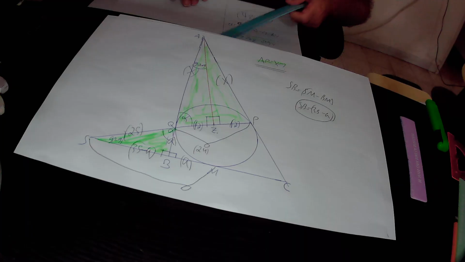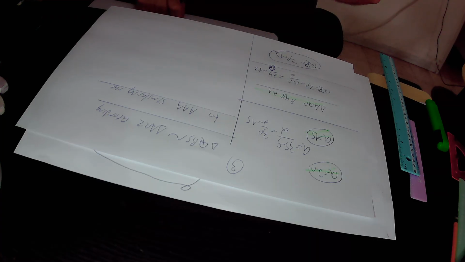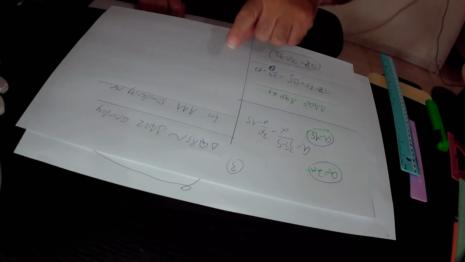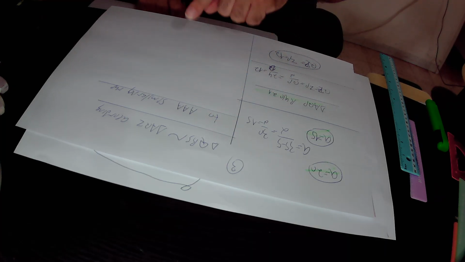And again, we found out that the right small triangle SQB is similar to the right big triangle AQZ according to the angle similarity rule.